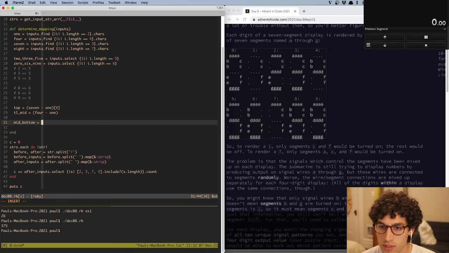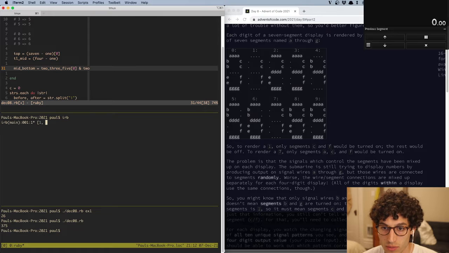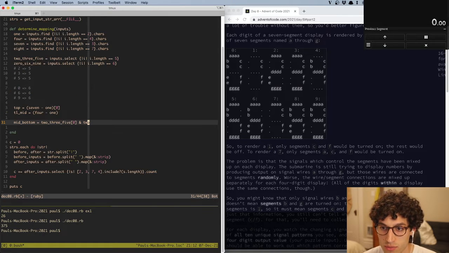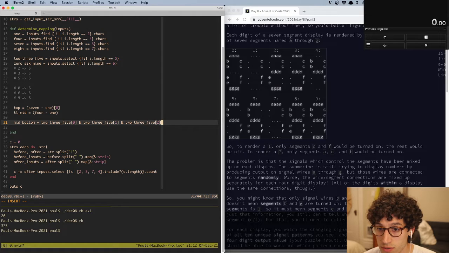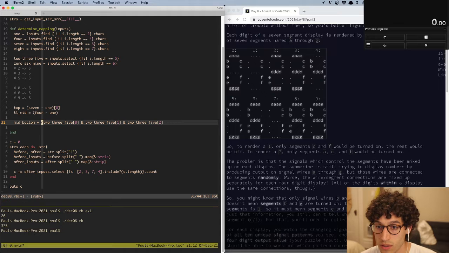Mid bottom equals 2, 3, 5. IRB 1, 2, 3, 5. Yes, Ruby's the best. 2, 3, 5. That gives me the minus top.